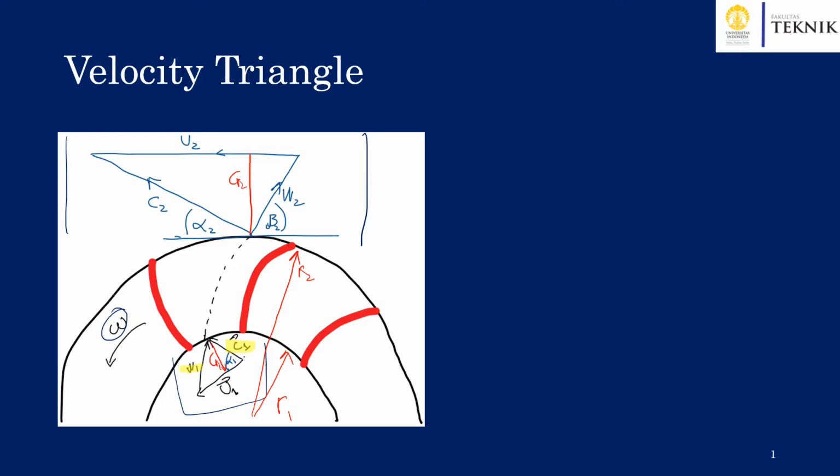As for the outlet, as we have the blade speed, it consists of another two velocity components, that is the tangential component of the absolute velocity at the outlet, or Cx2, and the tangential component of the relative velocity, or Wx2.